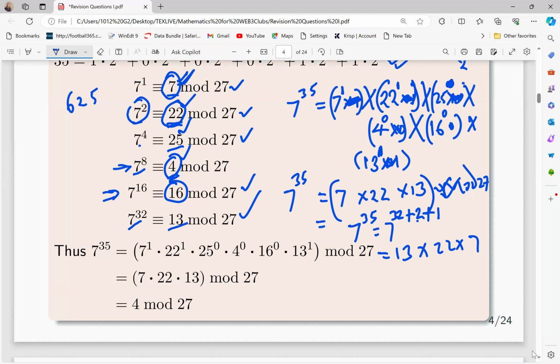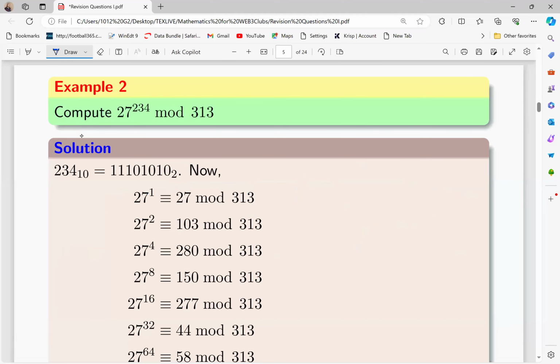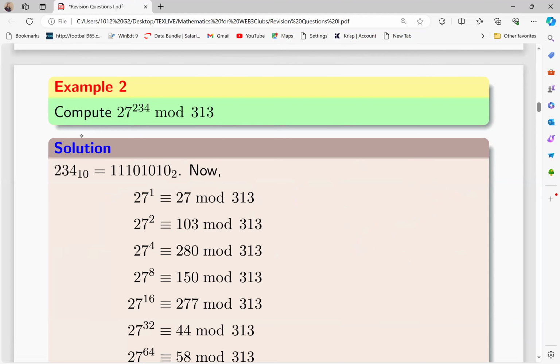I'll take another example just to emphasize that point. Now, we're supposed to compute this. Is that okay? I convert this power to binary using the method you explained, and get this. When I get this, I know the next thing is to raise these powers. 27 raised to 1 will be 27.